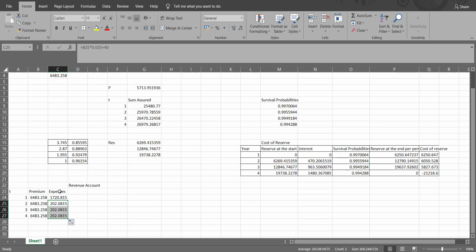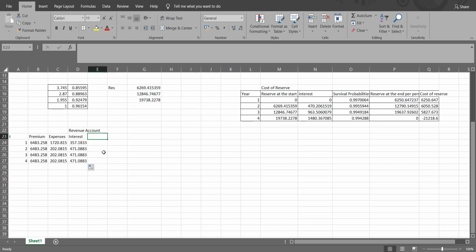Okay, so these are your expenses. Now you need your interest. Interest will be premium minus expenses times the interest you are earning, 7.5%, 0.075, enter. So you have your interest, and it's the same for all the years.